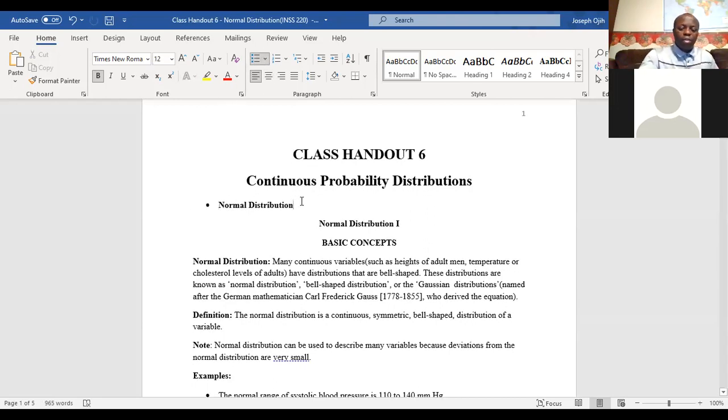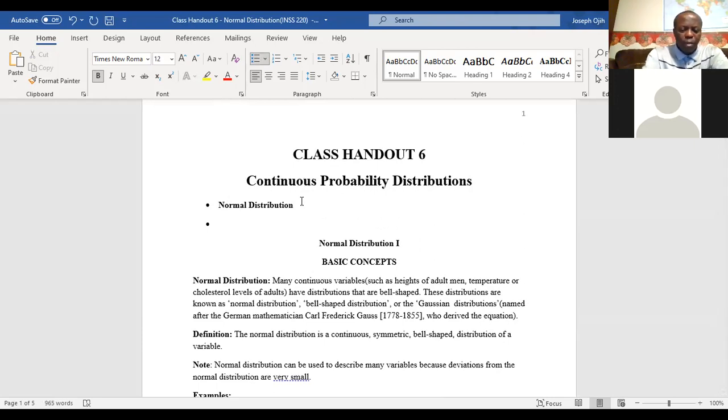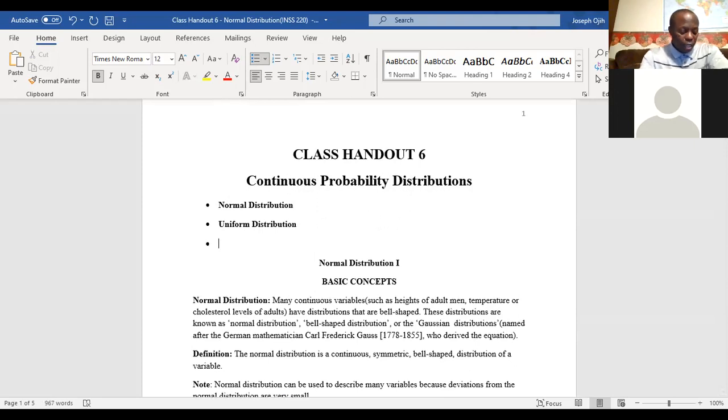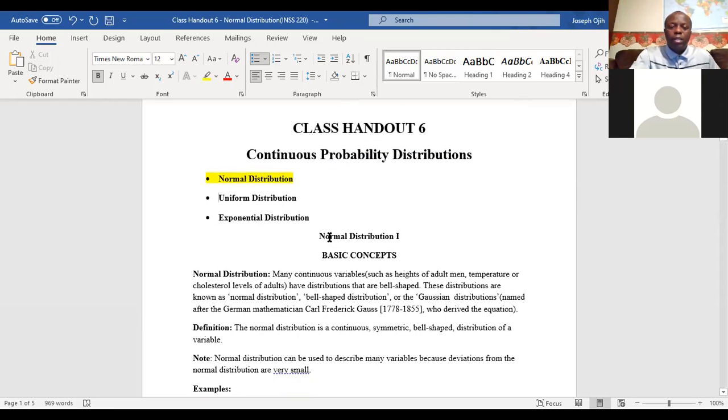I will also have the uniform distribution. Then we have the exponential distribution. But for this class, we'll be dealing with only the normal distribution, and that is what we are starting today.